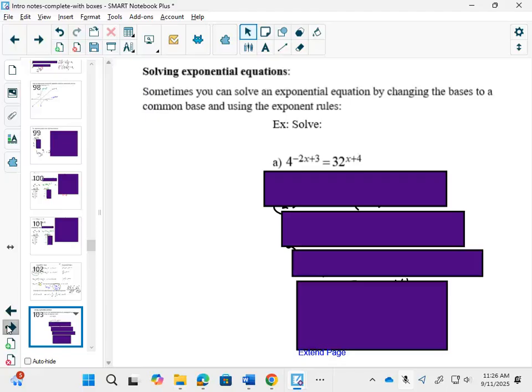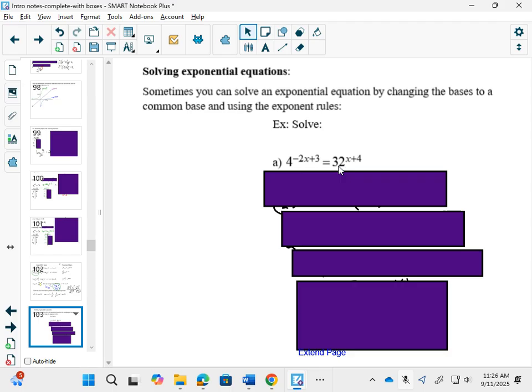When x is in the exponent and you're solving, you learned 2 methods in grade 12. One method used logarithms, and the other method was the non-calculator method that just used bases if you could make the bases the same. You can use that method if, like, the base here is 4, and the base here is 32.